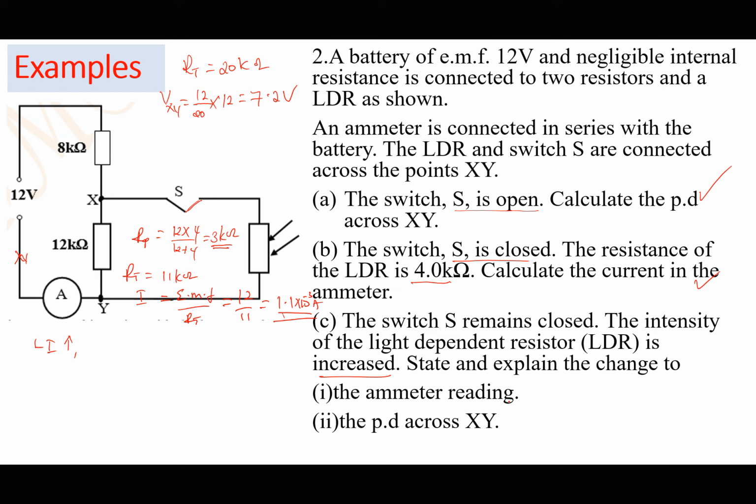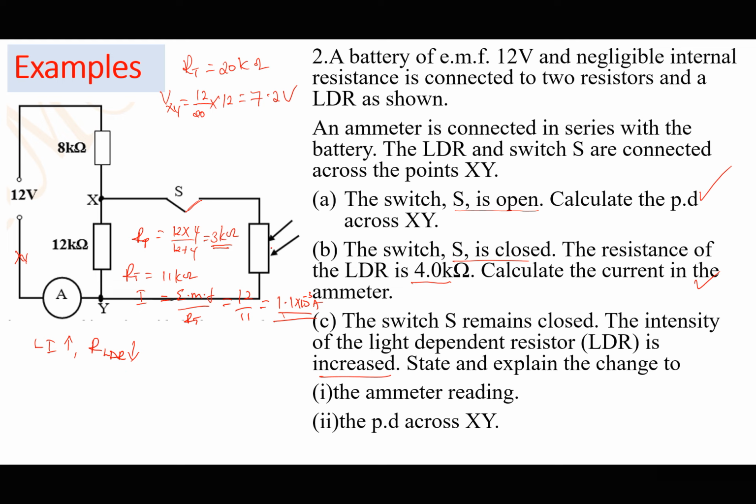So if the light intensity increases, it means the resistance of the LDR decreases. Remember total resistance: what happens to the resistance in parallel?